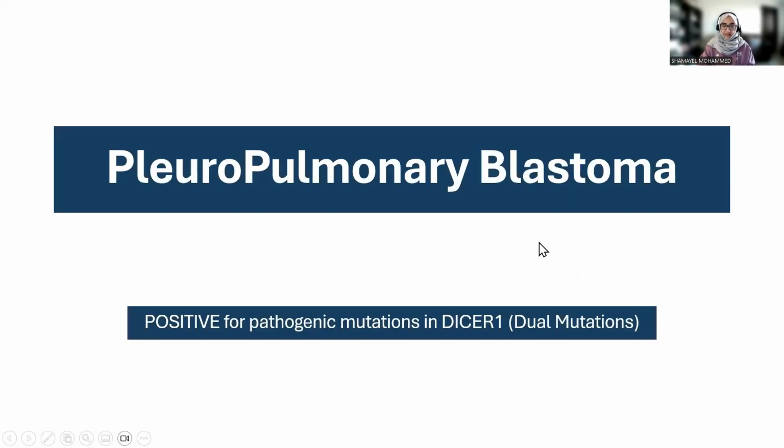So the differential diagnosis was pleuropulmonary blastoma, most likely type 1 because it's mostly cystic. We recommended that the patient be screened for DICER1 mutation, and indeed the WES test came back positive for a mutation in the DICER1 gene.